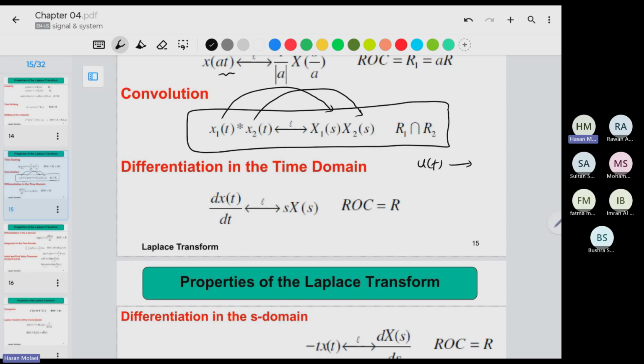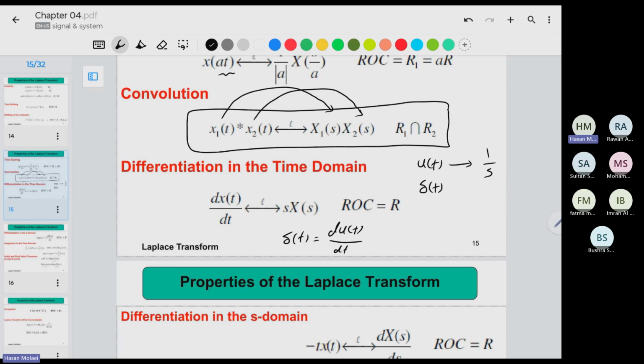What was the Laplace transform of u(t)? 1 over S. What is the relationship between impulse and step? Impulse is the differentiation of the unit step.